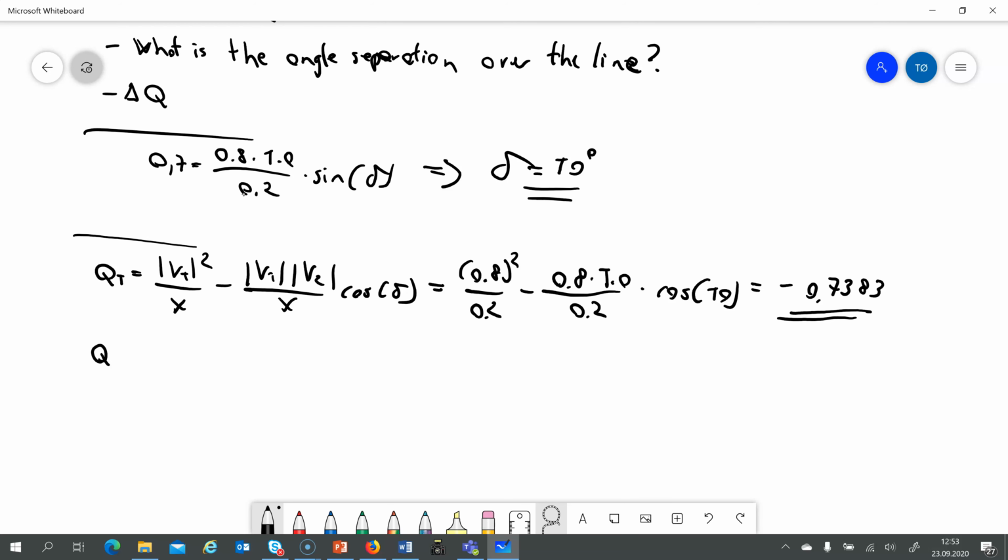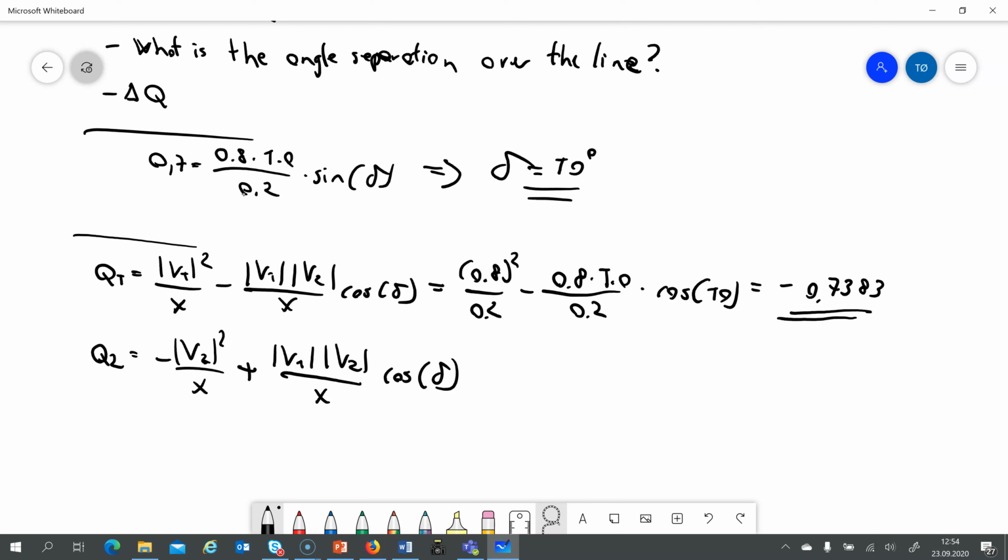Take Q2: minus V2 squared plus V1 V2 cos delta.